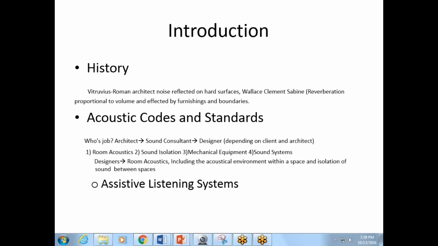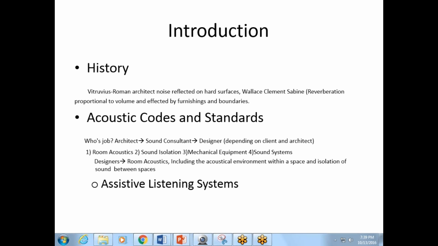Room acoustics. Underneath acoustic codes and standards, there's different areas to concern ourselves with, such as room acoustics, sound isolation, mechanical equipment, and sound systems. We have to have the context of which part of sound and acoustical codes we are dealing with in order to place ourselves. So we're mostly concerned with room acoustics.